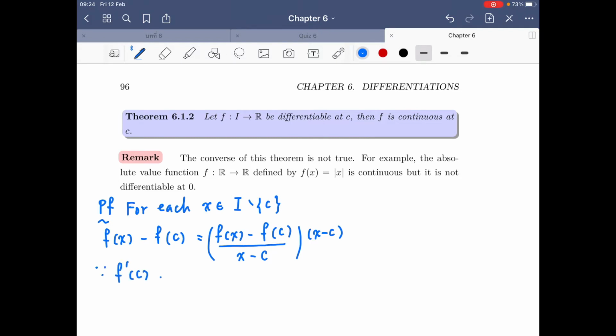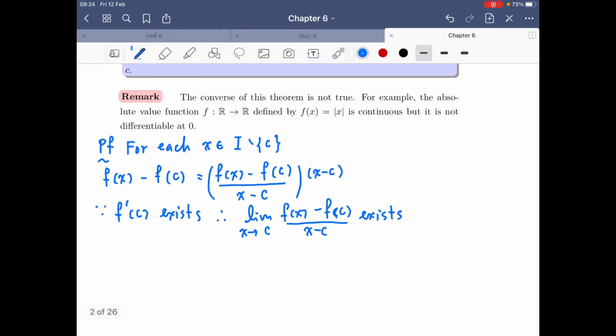Since f prime at c exists, because it is differentiable, the limit of this quotient, f of x minus f of c over x minus c, exists. So what does this mean?